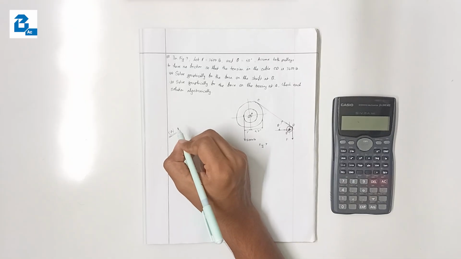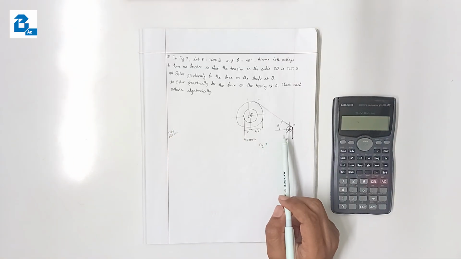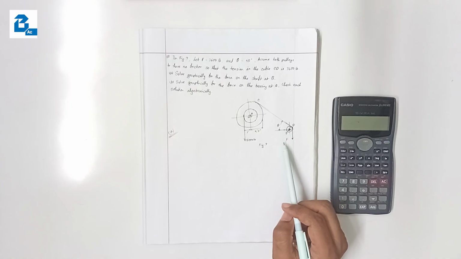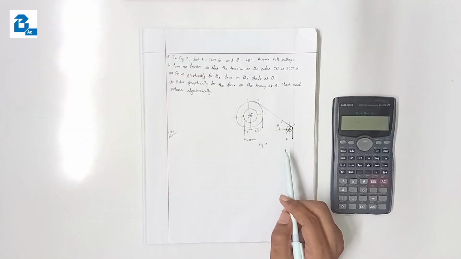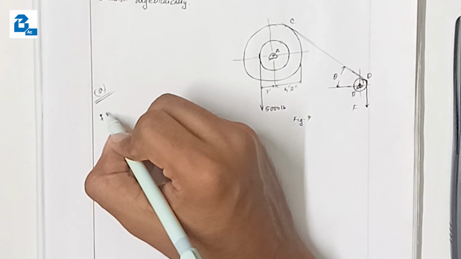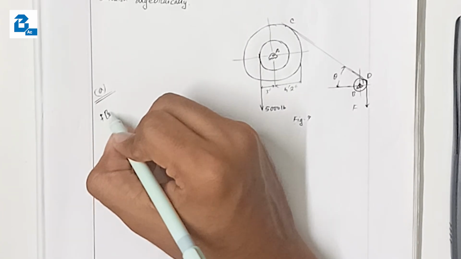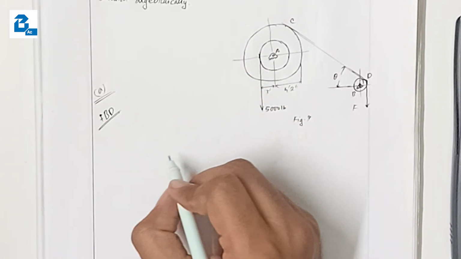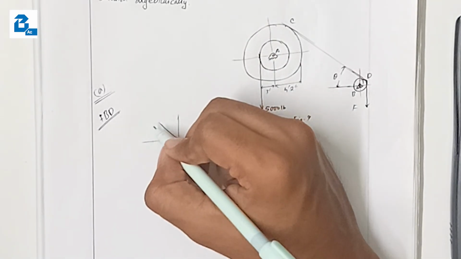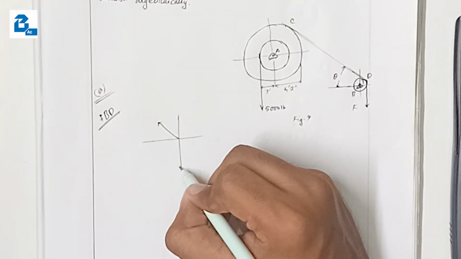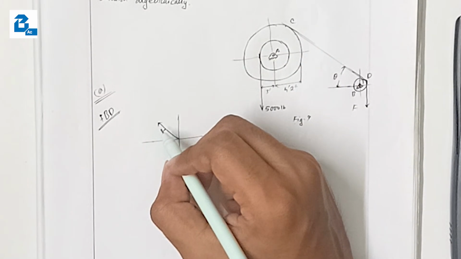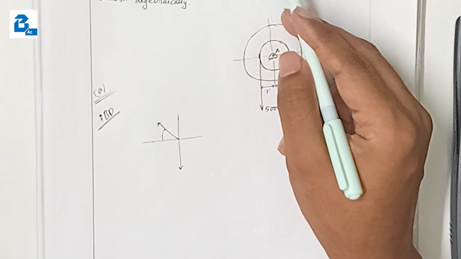So, for the A, we will have to find the resultant force in the B shaft. If we draw the FBD or the free body diagram of the B shaft, we would find something like this. Here, this would be the theta, and in the problem it says theta equals 45 degree.